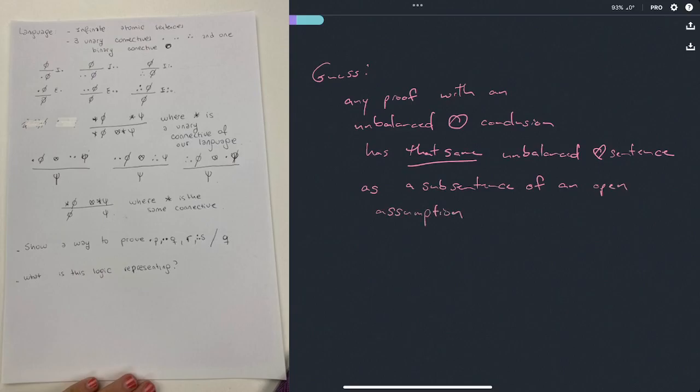And in this system, there are no discharging rules, so open assumption is just the same as an assumption.